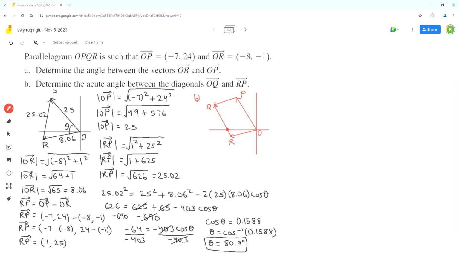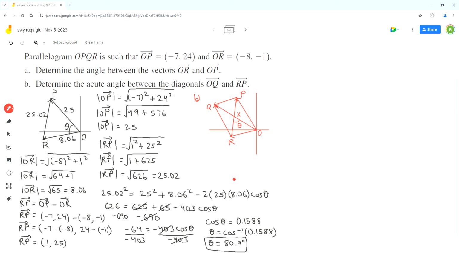So the diagonals are OQ and RP. So we have to find this angle theta between the diagonals, the acute angle. Let's assume that these diagonals cross each other at point X. So we can analyze this triangle ORX.